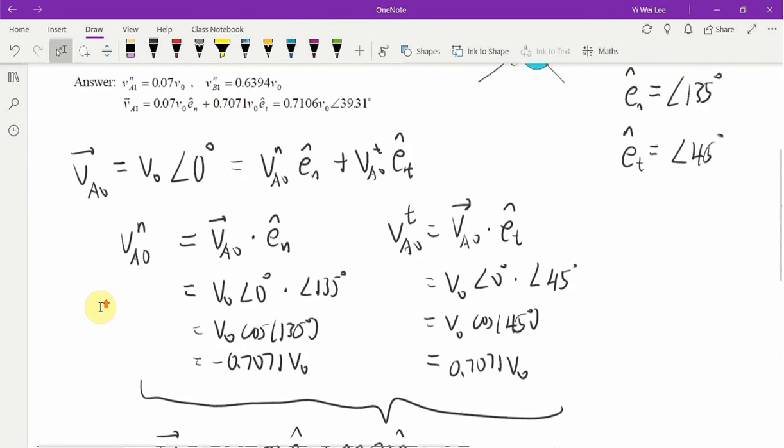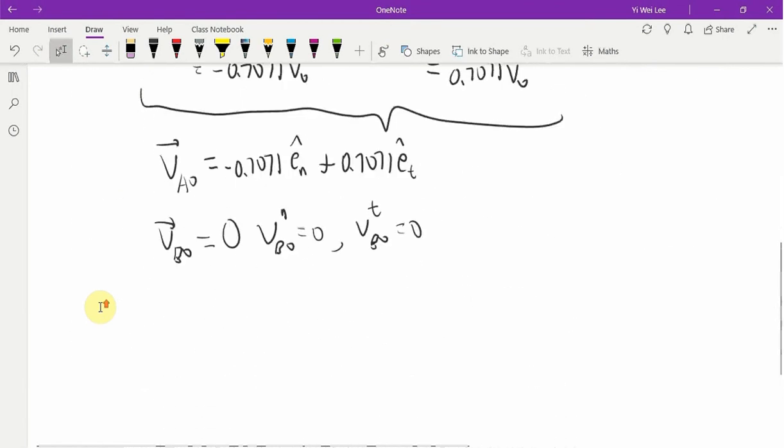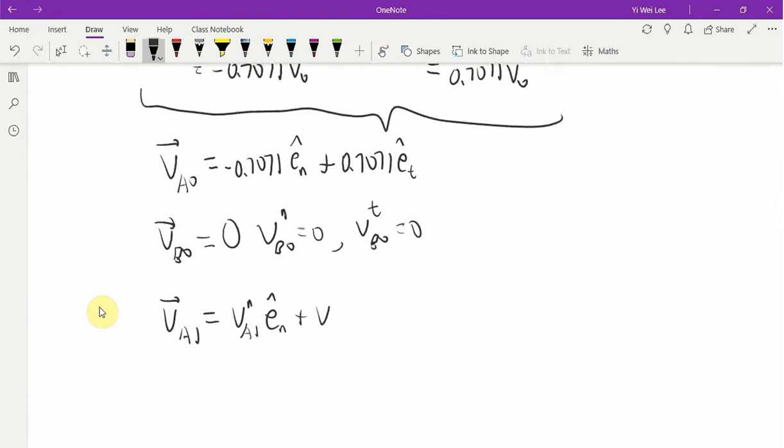Now, what about the after collision situation? Same thing as usual. We say that VA1 is equal to VA1N En plus VA1T Et. Just go through the motion and copy down the numbers and the symbols.